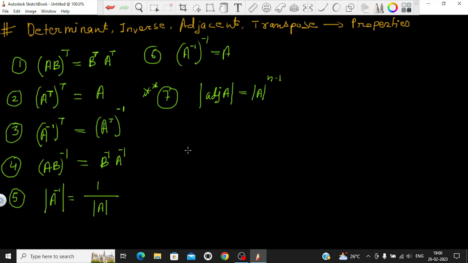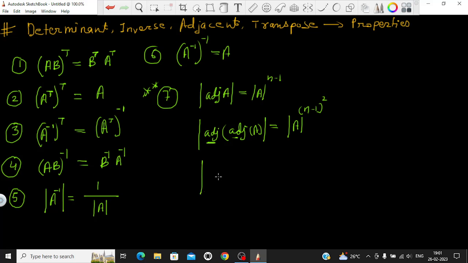Similarly, if you take adjoint of adjoint of A, then you will get det of A power n minus 1 whole square. Two times adjoint is coming, so that's why whole square.